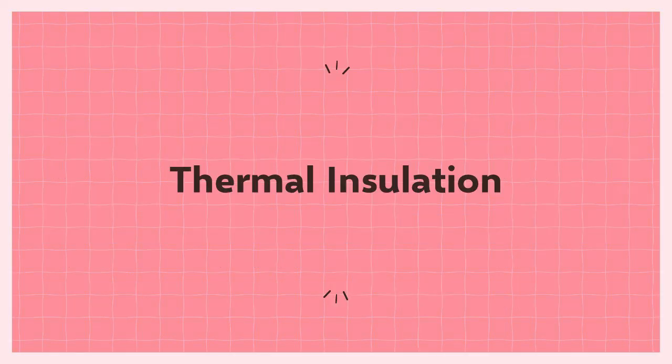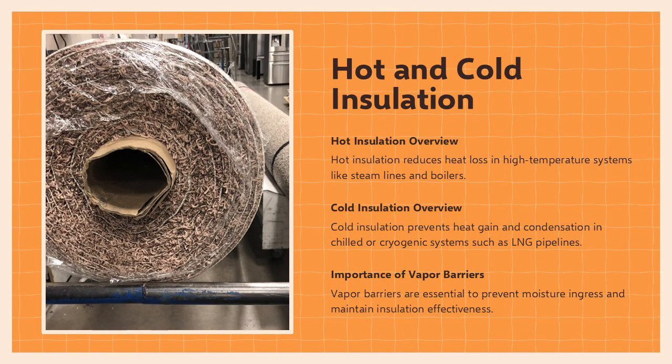Hot and cold, or thermal insulation. Thermal insulation is divided into hot and cold categories. Hot insulation minimizes heat loss from systems operating above ambient temperature, such as steam lines and boilers. Materials like mineral wool, calcium silicate, and ceramic fiber are commonly used for temperatures up to 650 degrees Celsius or higher.